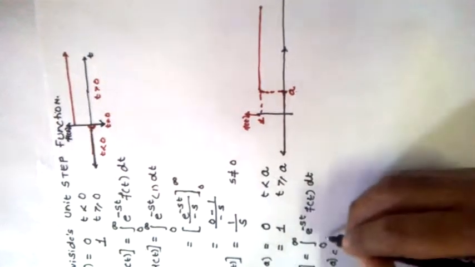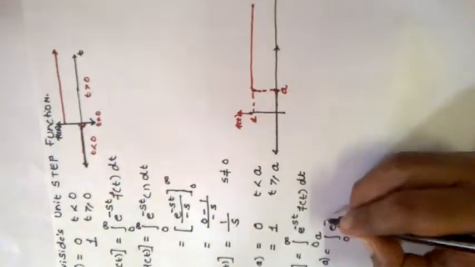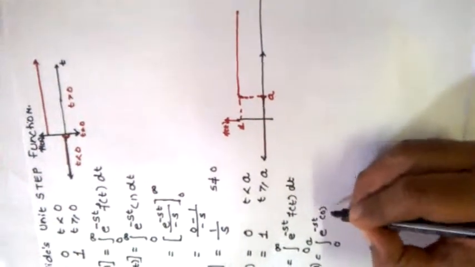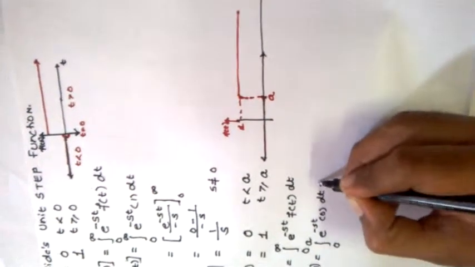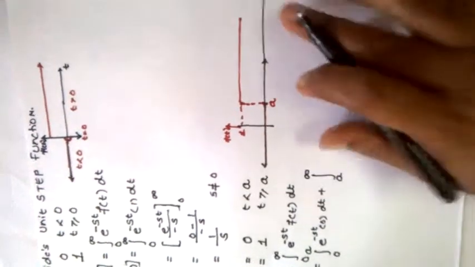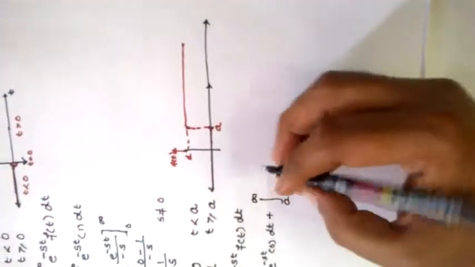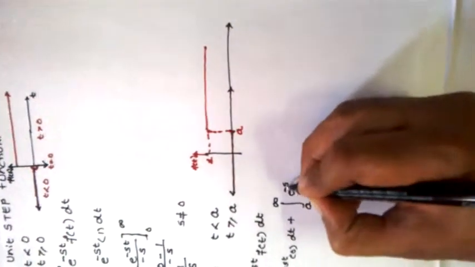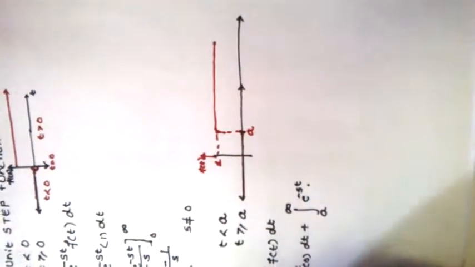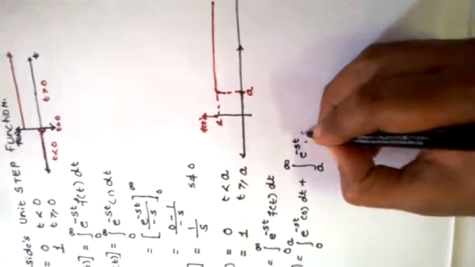So this will be integration 0 to a e raised to minus st. In this region the value of the function is 0, so this is 0 dt plus integration a to infinity e raised to minus st into, in the interval a to infinity the value of the function is 1, so I'll put 1 over here.